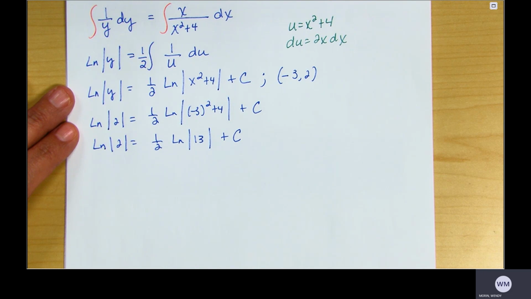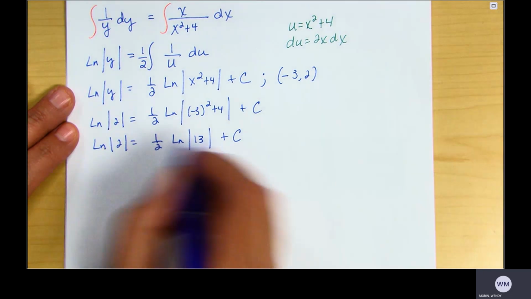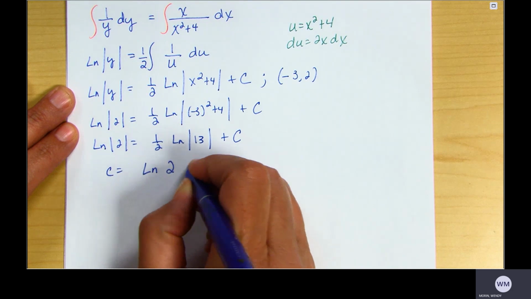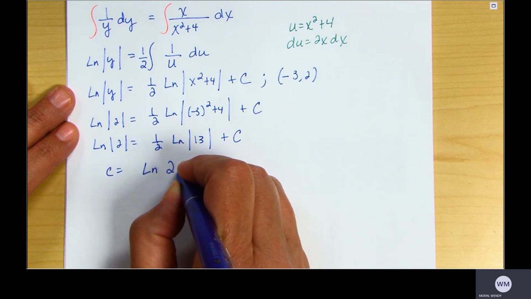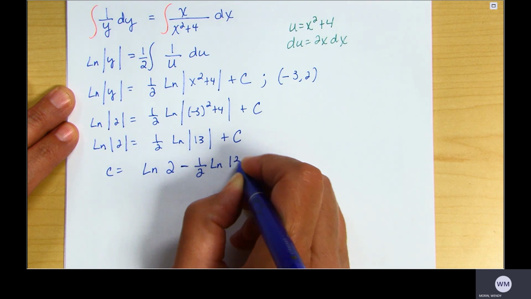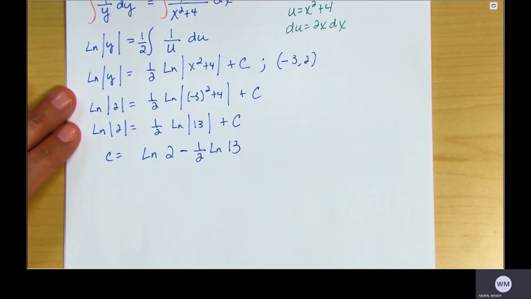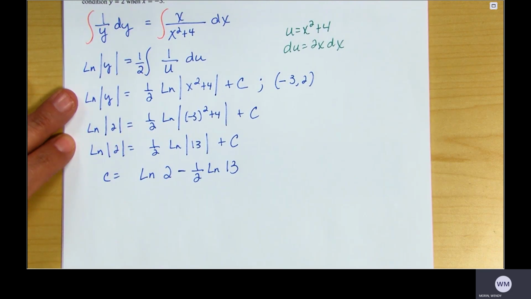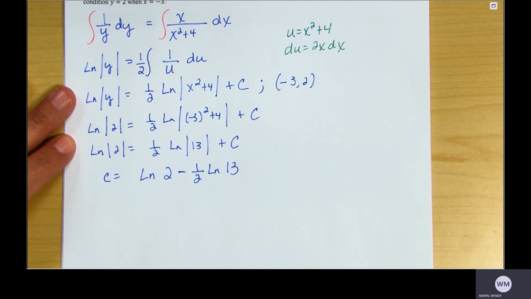How might one solve for c? Well, c is equal to the natural log of 2, the absolute value of 2 is 2, minus 1/2 the natural log of 13. That's our c value. Now we can condense that, and if it's multiple choice, I'm going to tell you that that's not going to be. You'll see this in the multiple choice if you don't see it in free response.